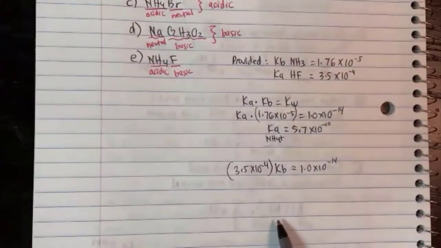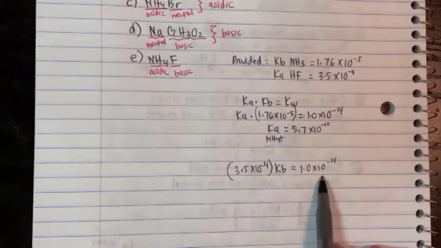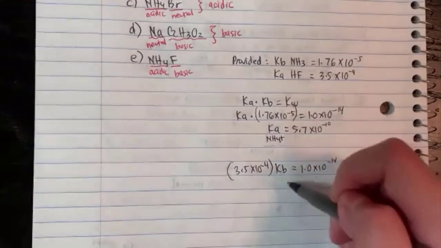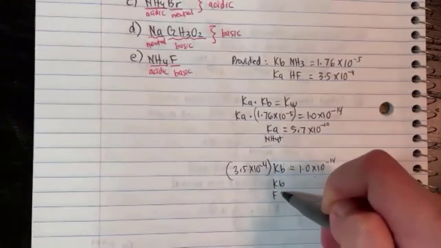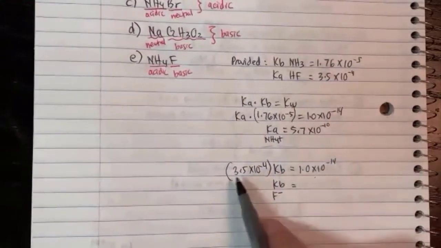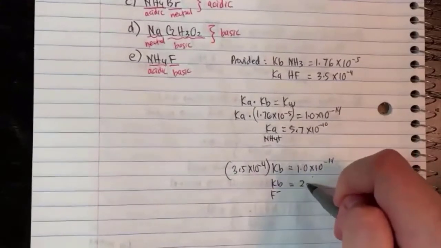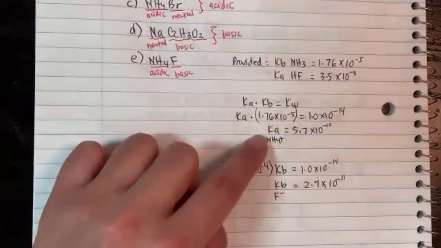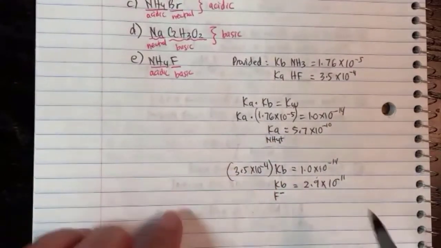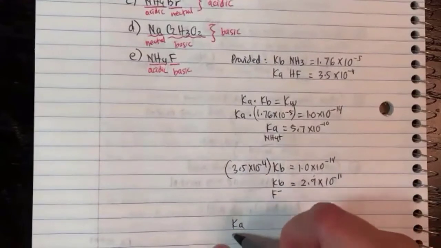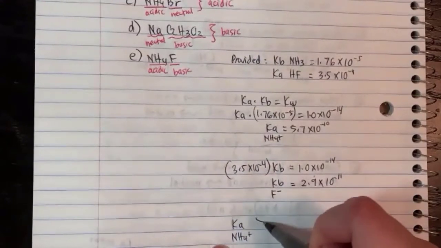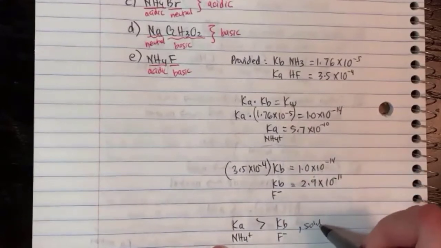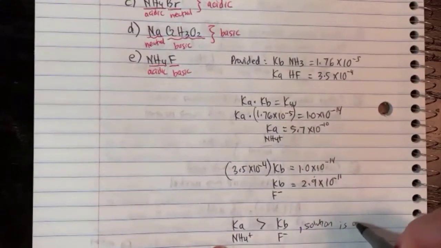So Kb for F negative will be calculated as this divided by that, and you get the answer of 2.9 times 10 to the minus 11. And that's how you can say this number is bigger than that. That's why, because the Ka of NH4 plus is bigger than the Kb of F negative, the solution is acidic.